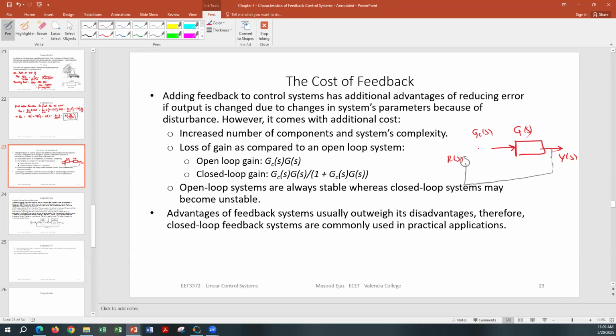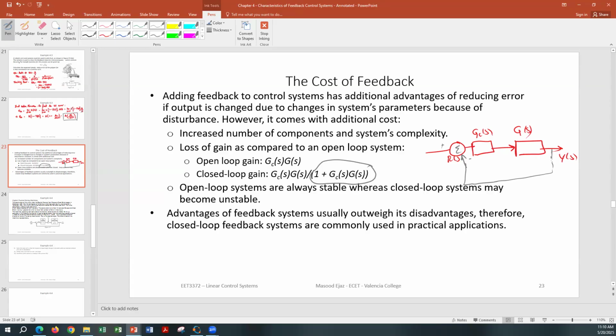Your overall gain is reduced. So for the closed loop system, your gain is Gc(s) G(s) over 1 plus Gc(s) G(s). So the denominator 1 plus Gc(s) G(s) is going to reduce the overall gain of the system at DC as well as other frequencies.